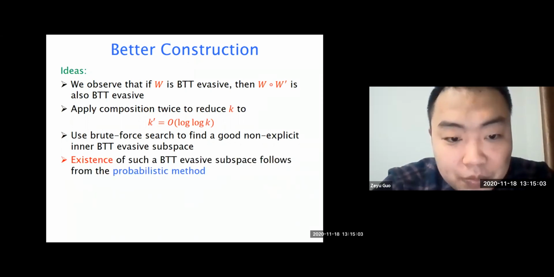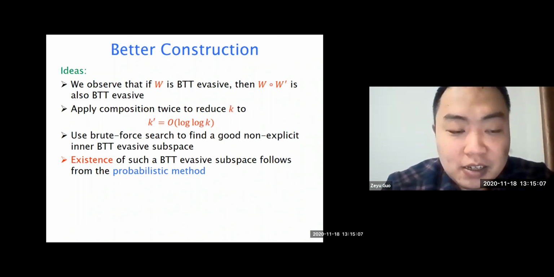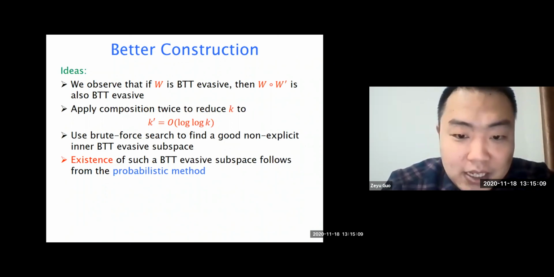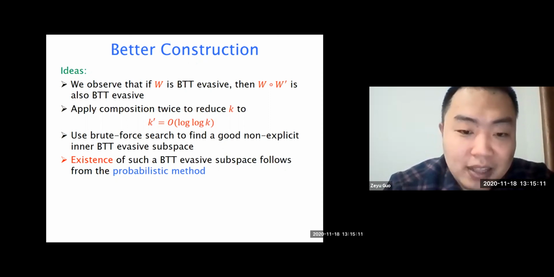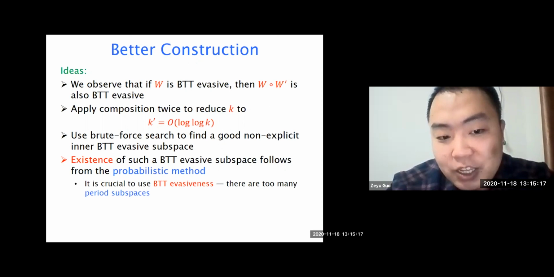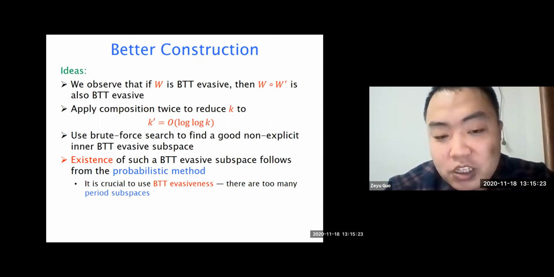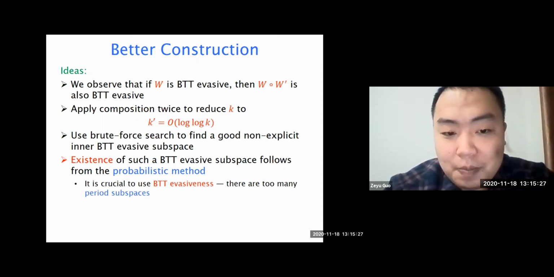And still, we need to show the existence of a good non-explicit inner subspace, and the existence is guaranteed by the probabilistic method. And I also want to remark that the existence crucially uses the BTT evasiveness, not periodic evasiveness. Because if you use periodic evasiveness instead, then you get trouble, because the probabilistic method is a counting argument.